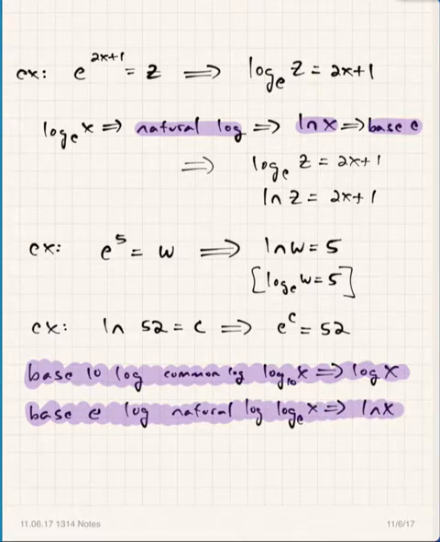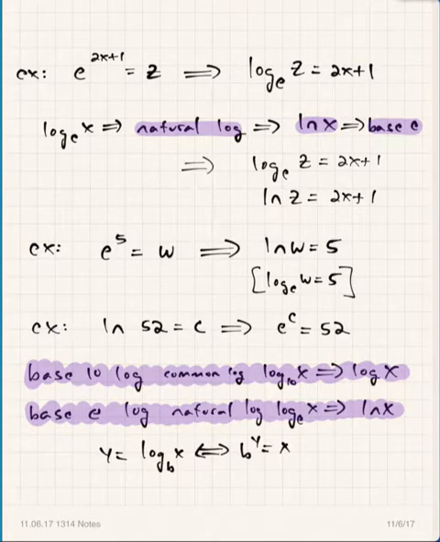Also, let's not forget, probably a good idea to write this down, that if you have y equals log base b of x, that's the log form, and its corresponding exponential form is b to the y equals x.